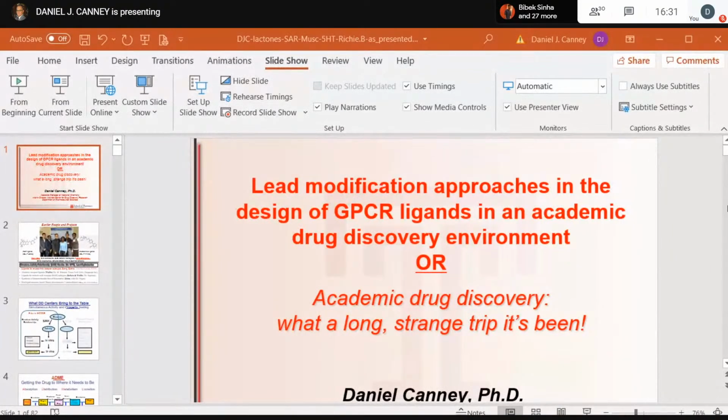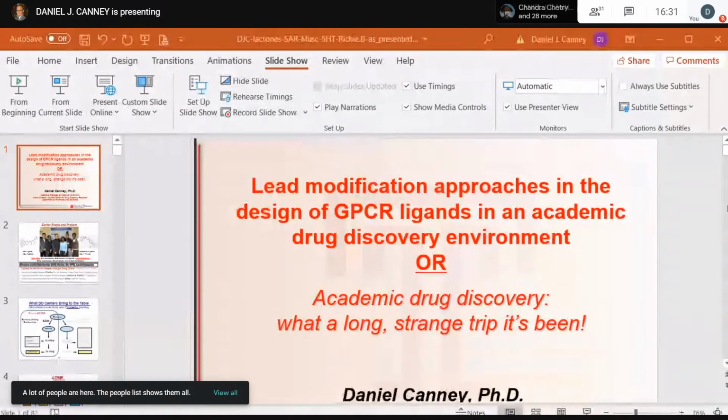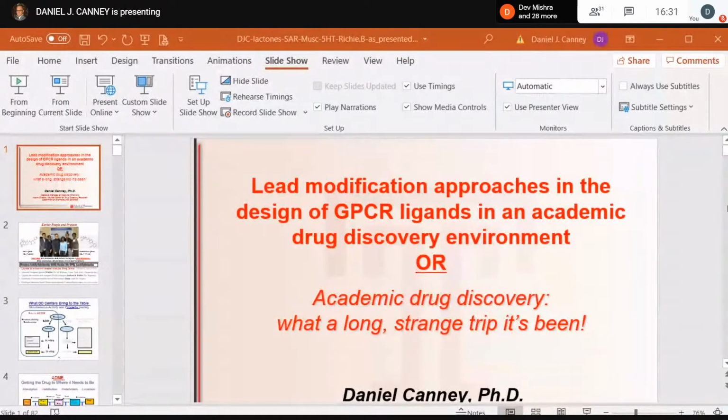The speaker of this session is Dr. Daniel J. Kenny, who is currently chair of the Department of Pharmaceutical Sciences and also an associate professor of medicinal chemistry at the School of Pharmacy, Temple University, Philadelphia. He received his BS and PhD from Temple University and did a postdoc at the School of Medicine, Washington University. He has supervised 5 PhD candidates, published more than 35 research articles, 65 conference presentations, and has 5 patents to his credit in the field. He has handled more than 15 research grants, visited several international universities on various assignments, and is a member of several committees of his institute.